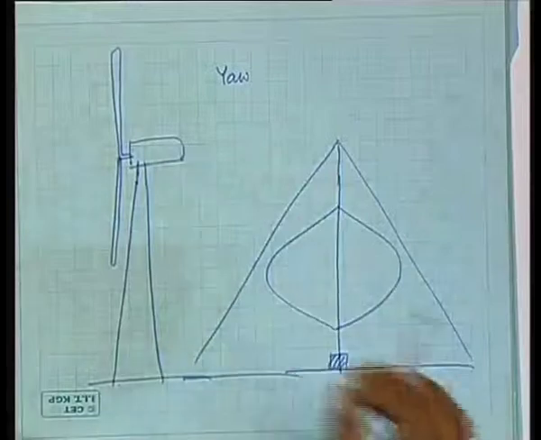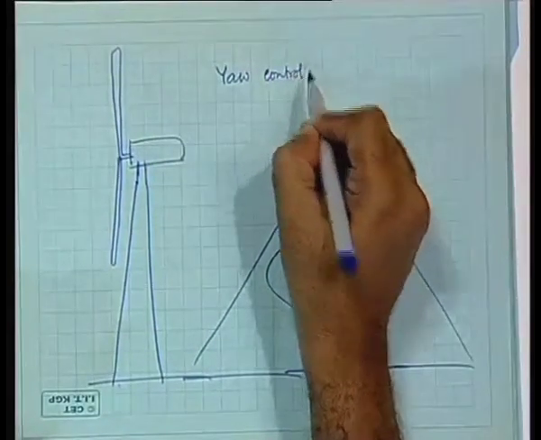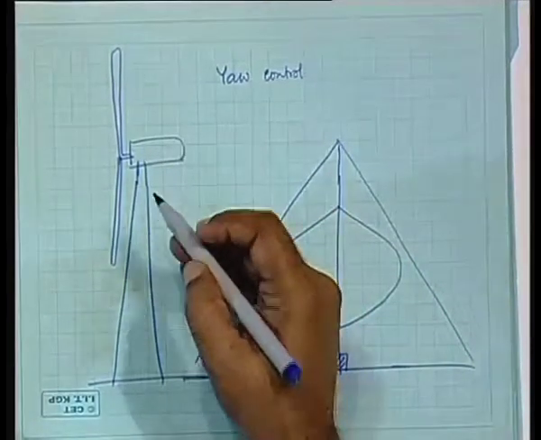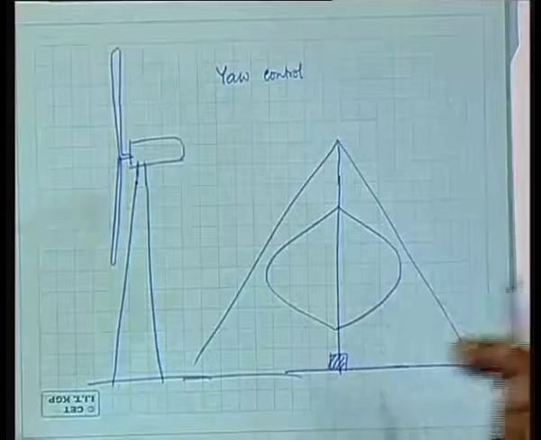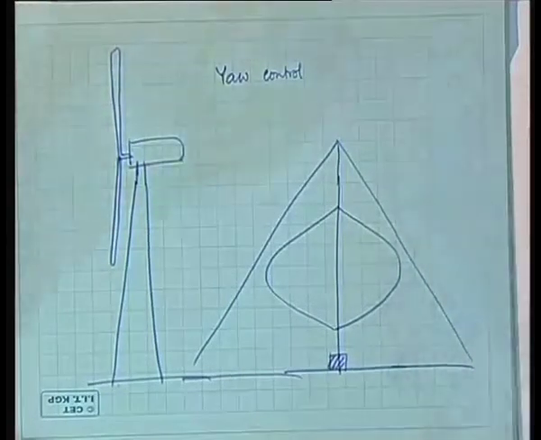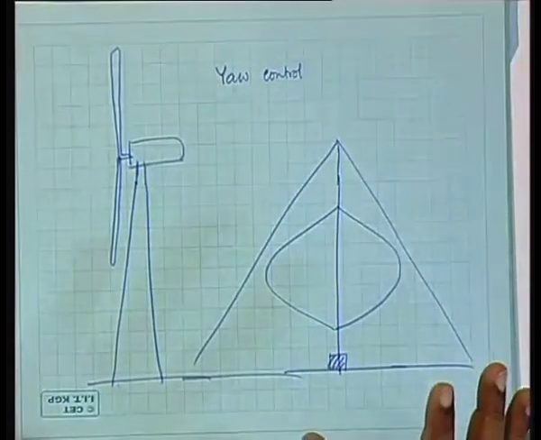I will come to the details a little later. So, yaw control is necessary for horizontal axis wind turbines and yaw control is not necessary for vertical axis wind turbines. So, there are essentially two types of wind turbines nowadays used for bulk electricity production, the horizontal axis wind turbine and the vertical axis wind turbine.